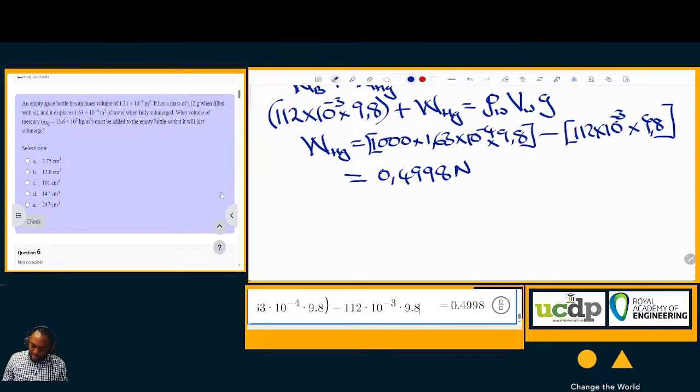But we are not looking for the weight, we are actually looking for the volume, right?